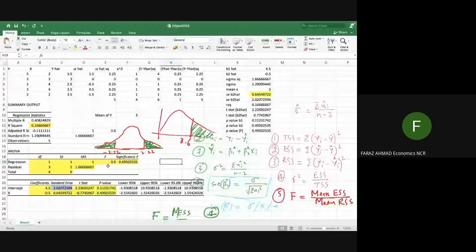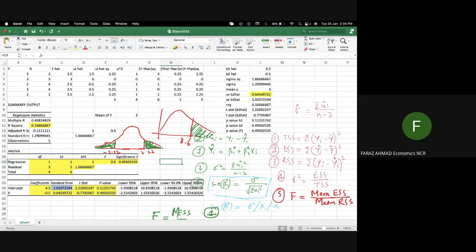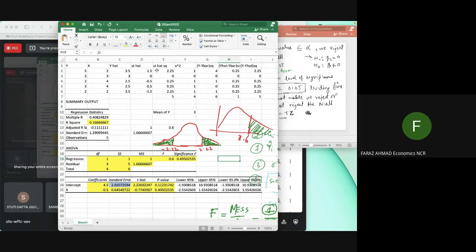Understood, sir. All right, what about others? Understood, sir. All right. So let me switch back to PowerPoint to explain the reason why we have the ANOVA table in the regression output, why do we do an F test, and what is the difference between F test and T test.